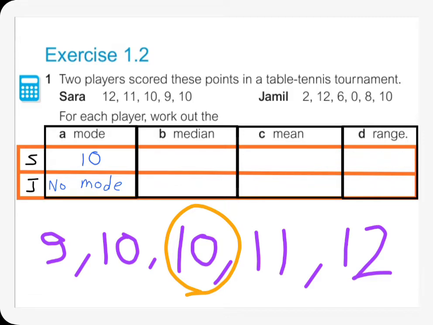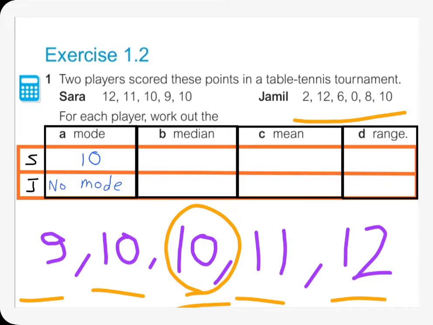Now, if you have an odd number of data, for example, these are 5 parts of data, so it's an odd number. It's easy to find the one in the middle. But if you have an even number, like Jameel, he has 6 parts of data, I will show you how to find the median in this situation.